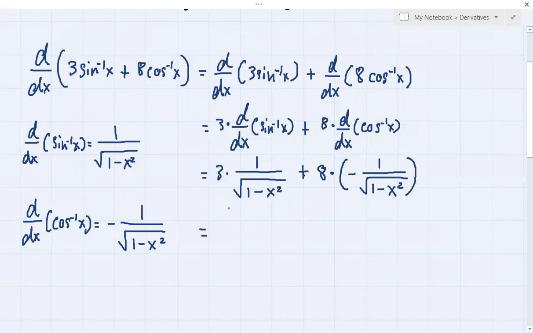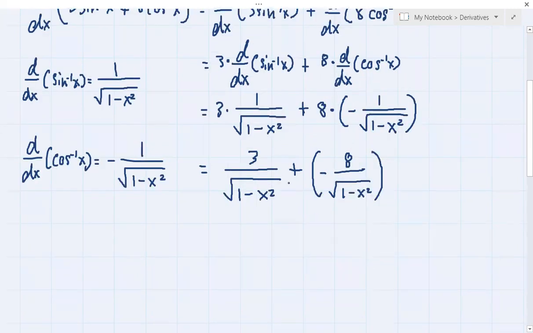So, let's now multiply them together. So, 3 times 1 all over the square root of 1 minus x squared. So, magiging ganito na siya. So, 3 all over the square root of 1 minus x squared. So, the same thing on the second term. So, 8 times negative 1 all over the square root of 1 minus x squared. So, magiging negative 8 all over the square root of 1 minus x squared.